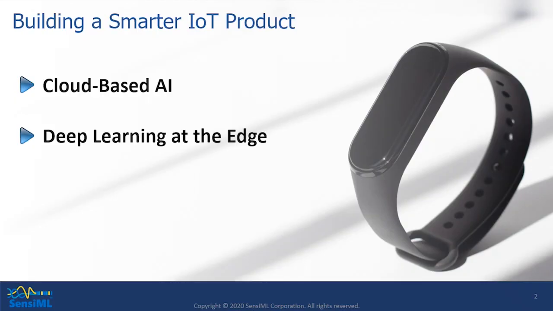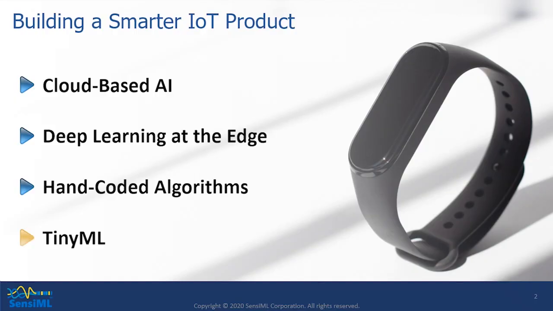The time-tested route is hand-coded algorithms relying on the wisdom and efforts of data scientists, signal processing experts, and embedded developers to devise and optimize algorithms in a manual coding environment. And lastly, and the focus for most of our discussion, is a new class of AI tools that brings machine learning automation to the smallest of computing nodes, also known collectively as TinyML.